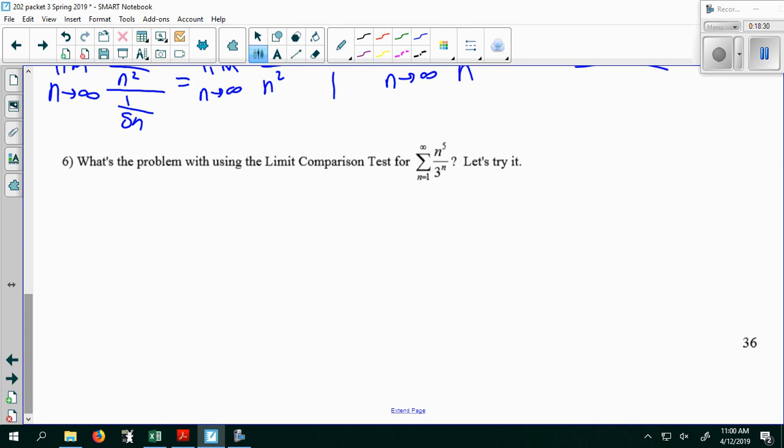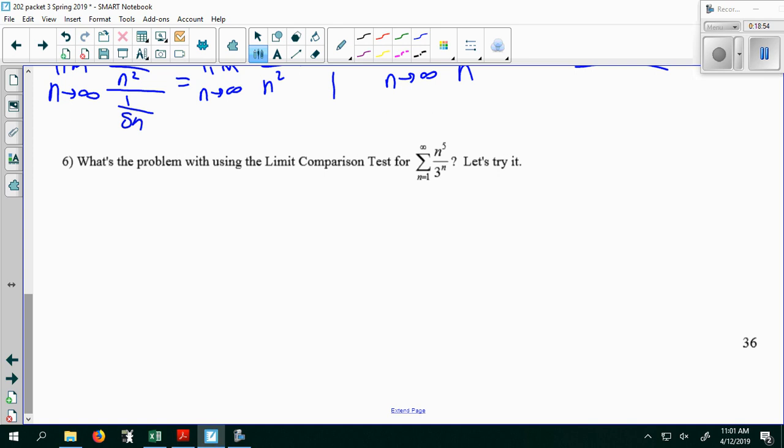Okay, let's try to use the limit comparison test for the infinite sum of n to the 5th over 3 to the n. What does your intuition say about the convergence or divergence of this? What do you think? Converge or diverge?